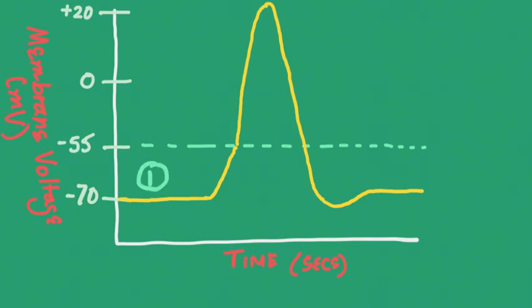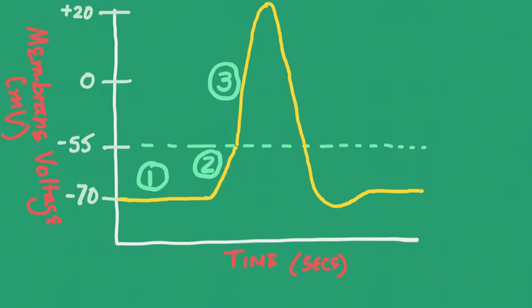The first stage is the resting membrane potential. When an impulse arrives, we have the local potential, which is stage 2. When the local potential reaches -55 millivolts, it triggers the depolarization phase of the action potential, which is stage 3.